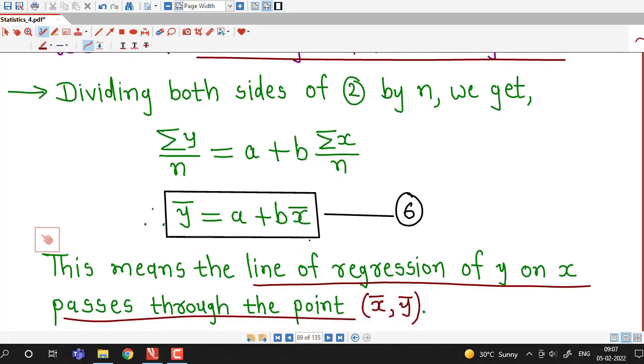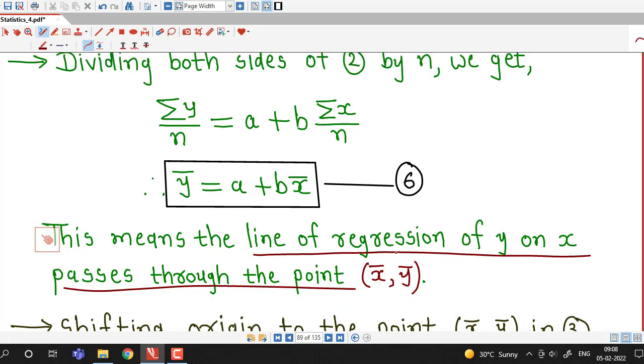Why have we done this? Because we will require this in further discussion. So we will remember that the line of regression of y on x passes through the point x bar, y bar. We are going to use this fact.